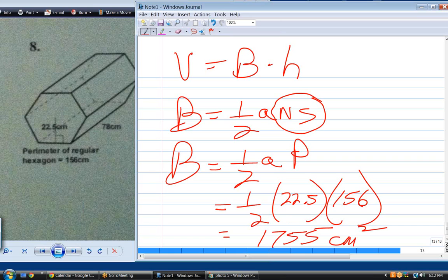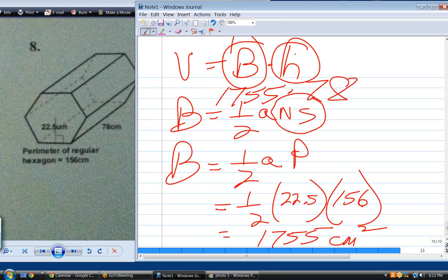So now to get the volume, just plug that in for that, multiply it by the height, which is what? 78. Right. In other words, h doesn't always mean height. It's hard to think of that as height. It's more like a length. But it's the distance between the two equal bases. So 1755 times 78.